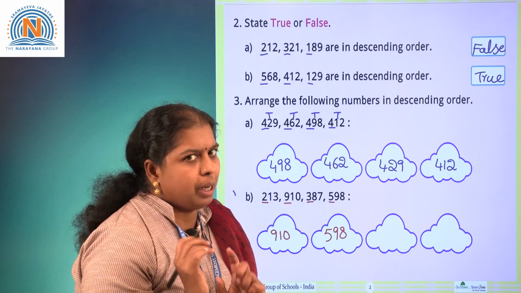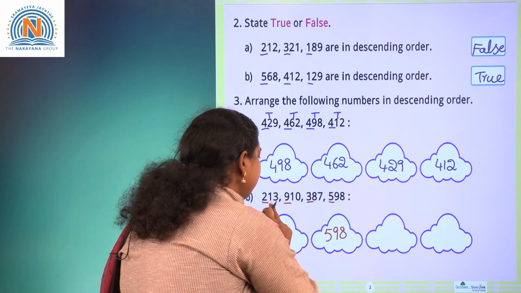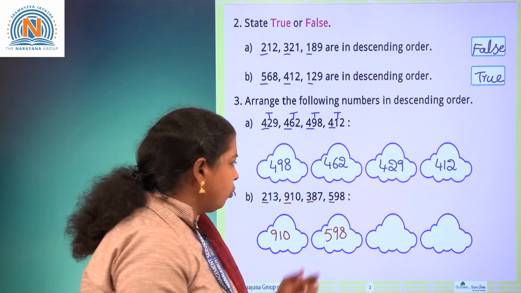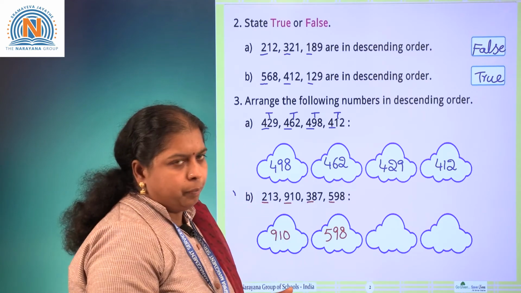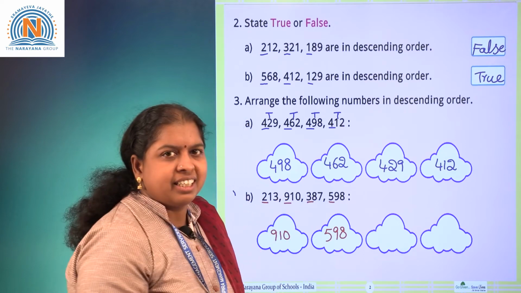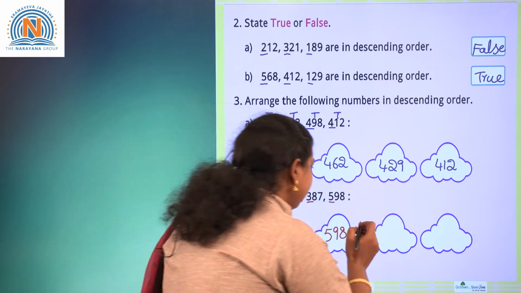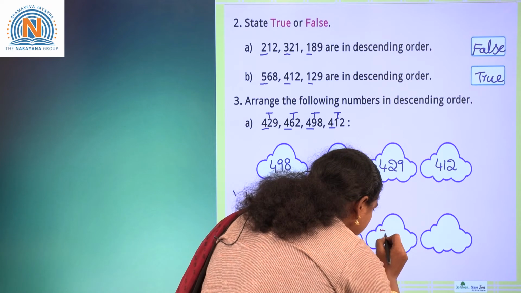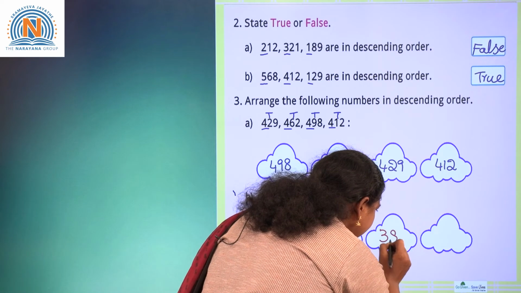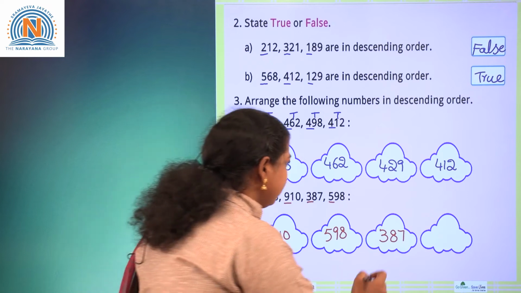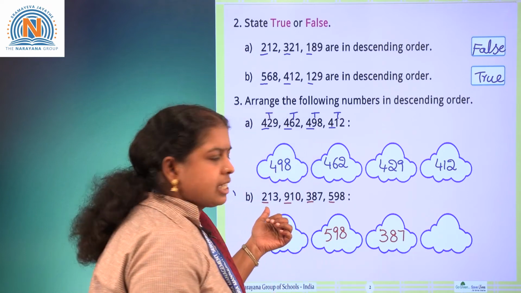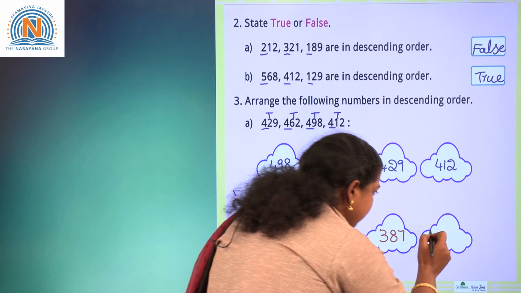We are left with two numbers, 387 and 213. What is the next greatest then? 3 is greater than 2. So the number that starts with the digit 3 is the next greatest number. You have to write 387. Okay children? Right. So what is the last number? 213.